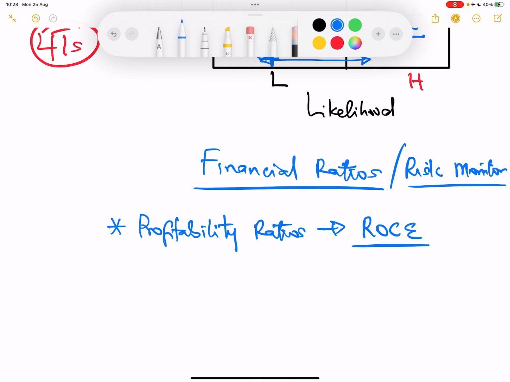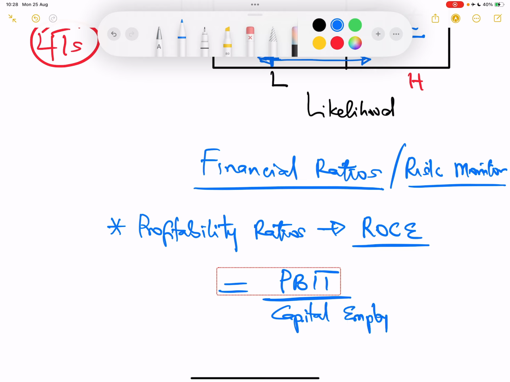So you know that if this ratio is bad, then you should be checking yourself to know what is really going on. Because to calculate ROCE, you remember it's profit before interest and tax, then you divide it by the capital employed. And capital employed is your equity and debt.